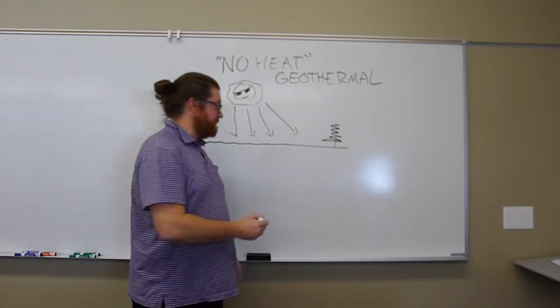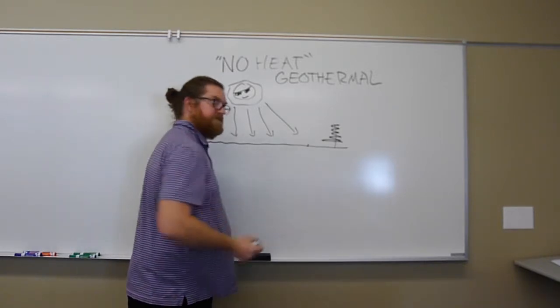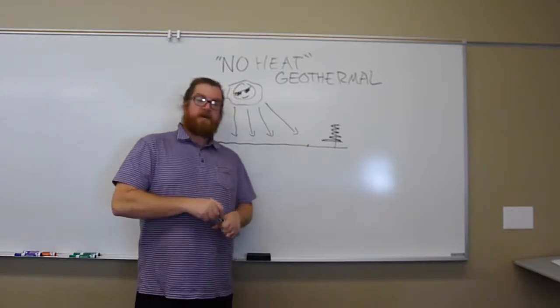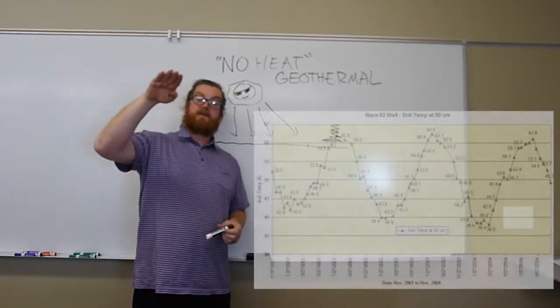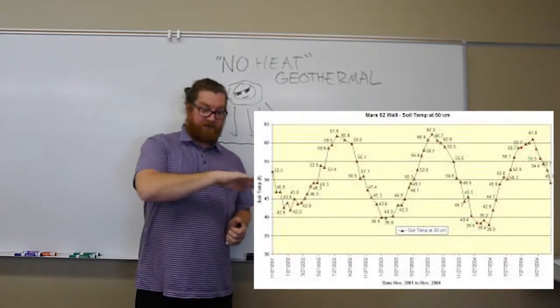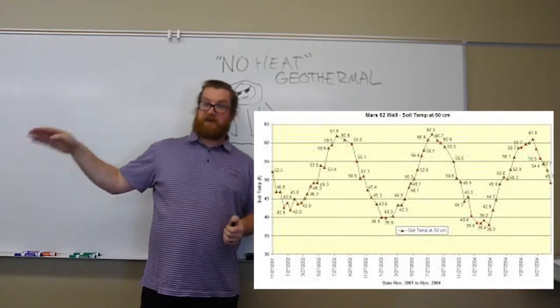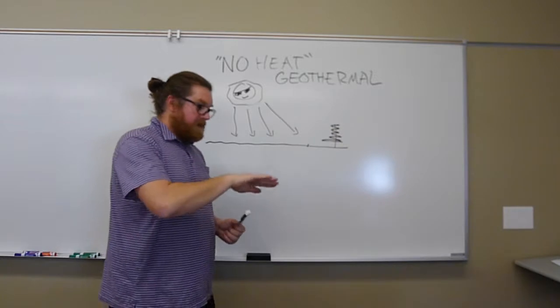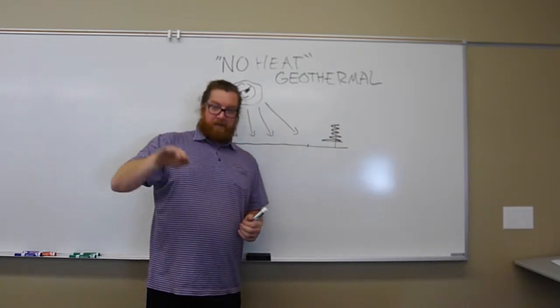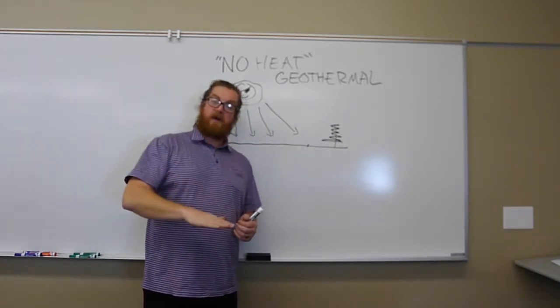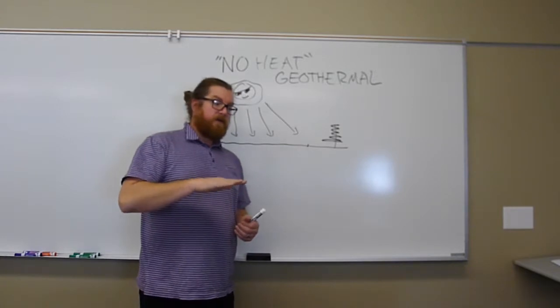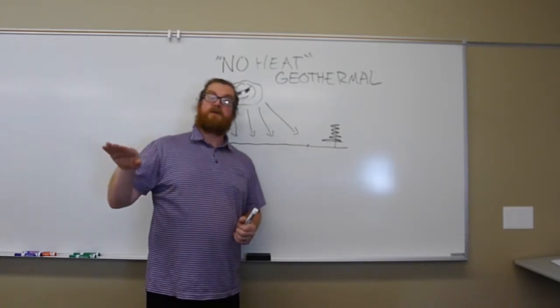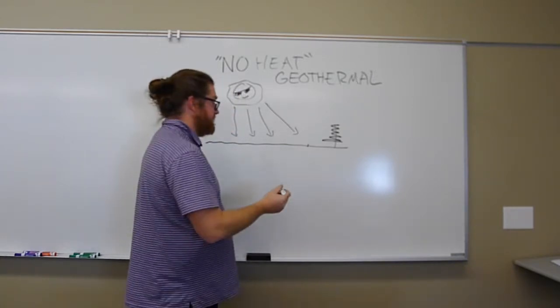And so if you were to put a temperature probe 6 inches down in the soil, you'd see the soil is warm in the summer, cold in the winter, right? So if you looked at all the years, you'd see this kind of oscillating pattern, right? High and low, high and low. But the further down you go in the earth, the more that kind of annual change is reduced.